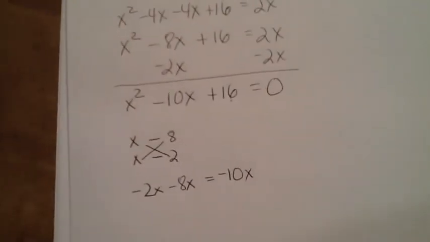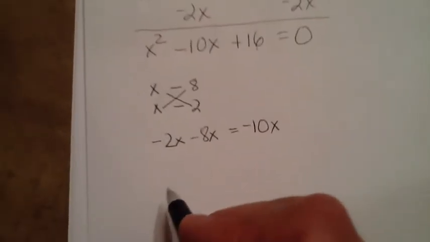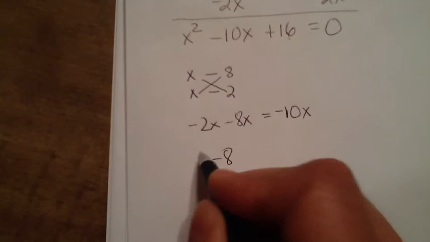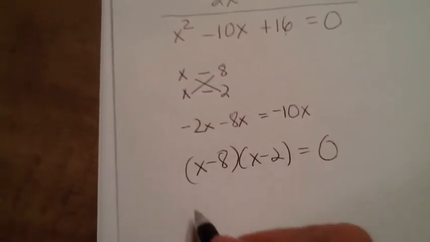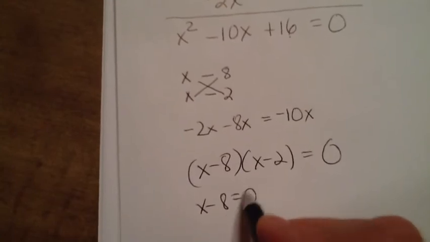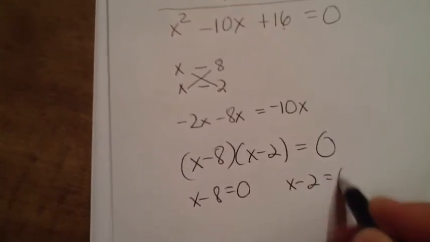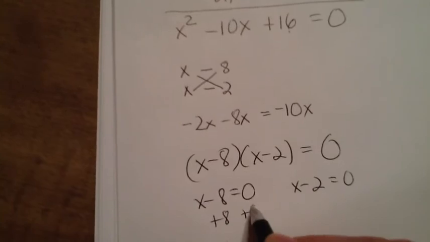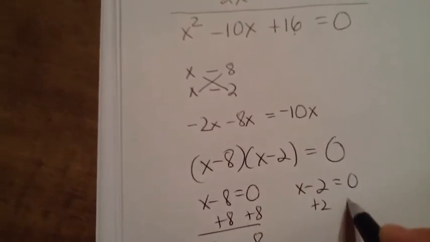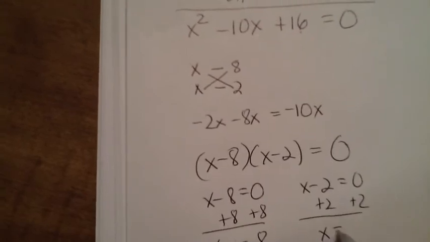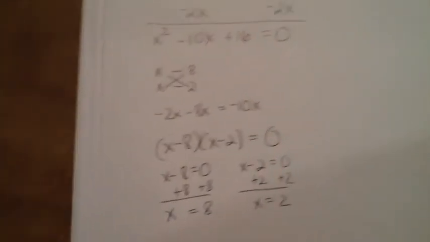And it does. So now my factors are x minus 8 and x minus 2 equals 0. And I have to set each one equal to 0 and solve for x. Now I got 2 answers this time.